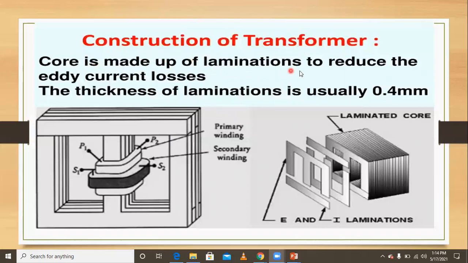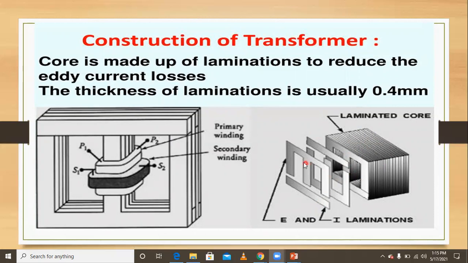Now consider the construction of the transformer. The core is made up of laminations to reduce the eddy current losses. I already explained this concept. So by using a laminated core, it is possible to minimize the eddy current losses. The core is laminated like this, with different types of strips or sheets.